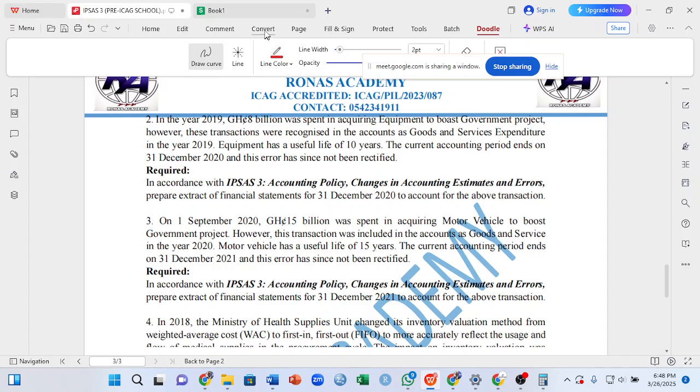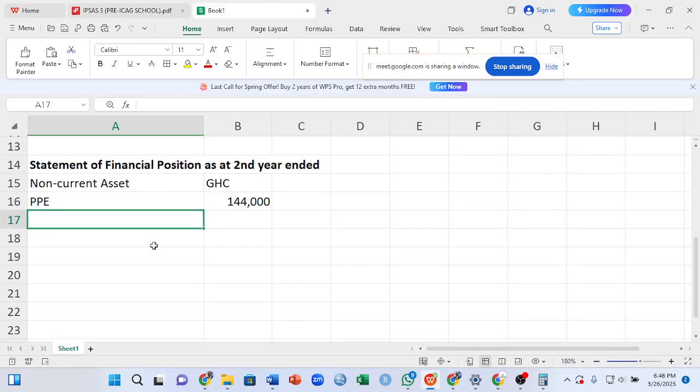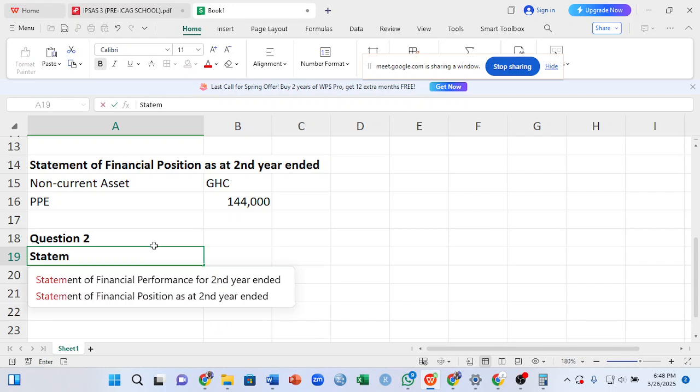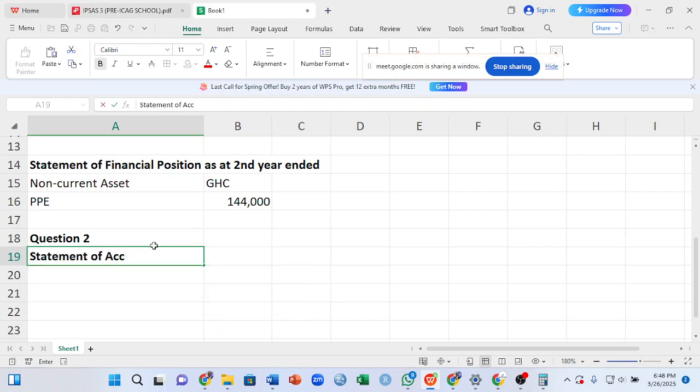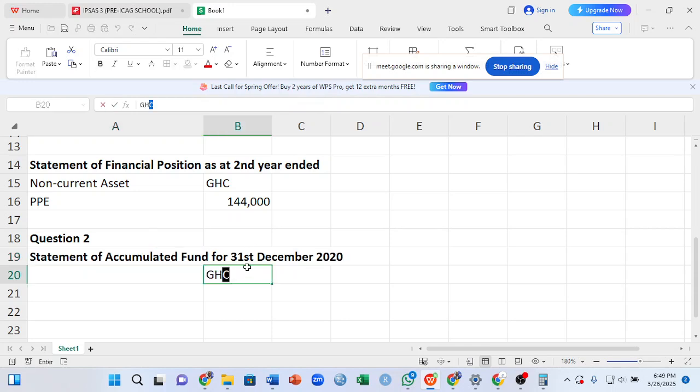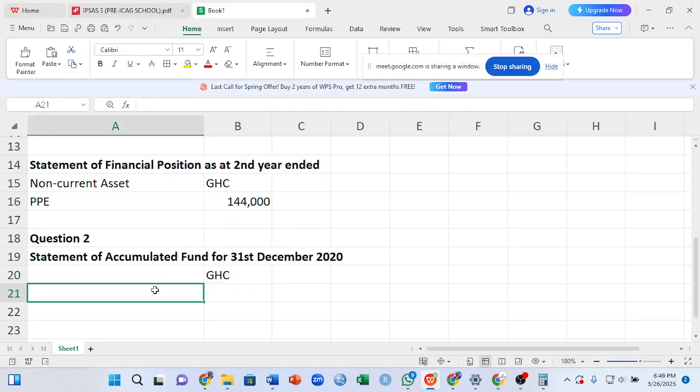So here we'll open question 2. Our first statement of accumulated fund for 31st December, our current year 2020. Then we bring the currency, Ghana cedis. Let me give an overview of how the statement of accumulated fund looks.